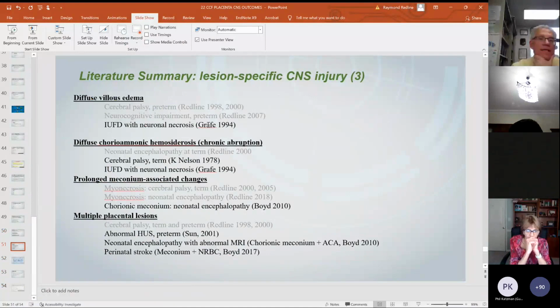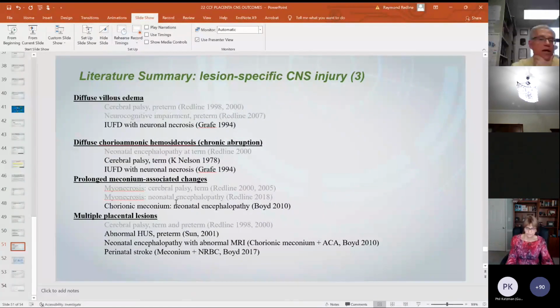Diffuse villous edema, we've published the most about that, but Marjorie Grafe also associated that with neuronal necrosis in stillborns. Chronic abruption, we found that in one of our early studies, also found by Karen Nelson, just based on clinical vaginal bleeding in the first and second trimesters, and Marjorie Grafe found it in stillborns with neuronal necrosis.